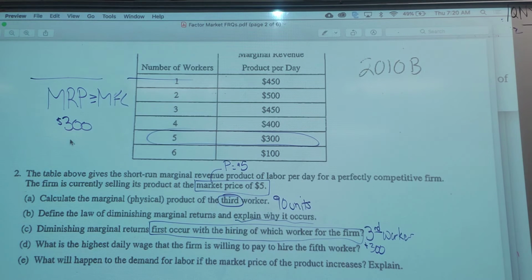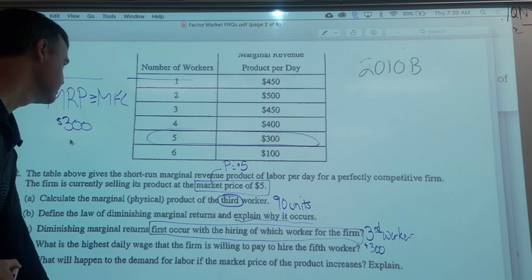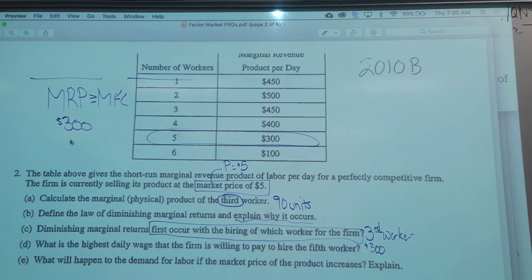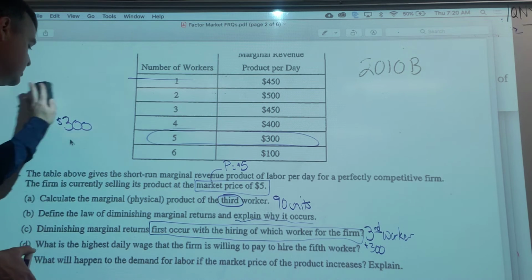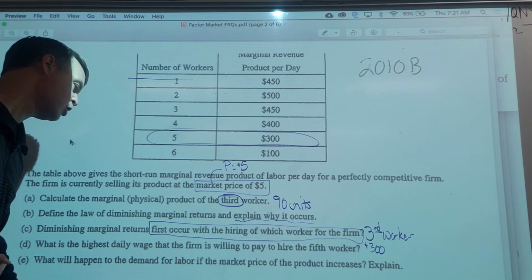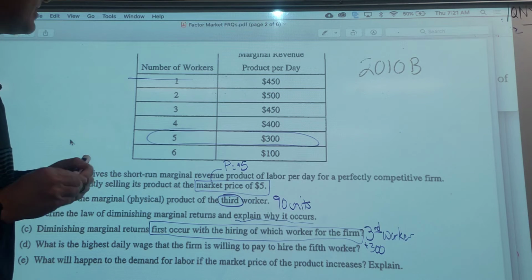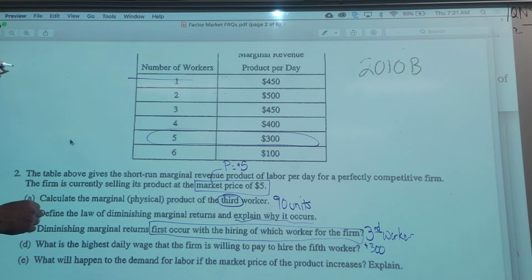E, what will happen to demand for labor if the market price of the product increases? If we want to think about this with the same equation, MRP is greater than or equal to marginal factor cost, but this asks what happens to the demand for labor when the market price changes. This is our side-by-side graph that we worked on, okay?